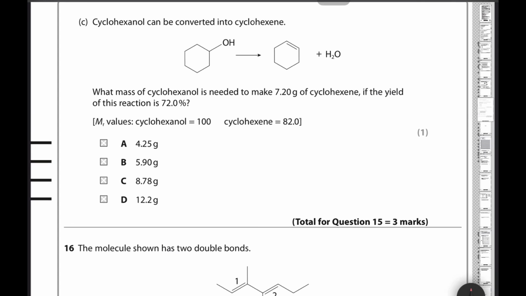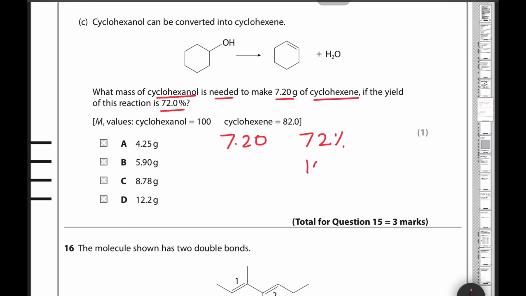Now this question is talking about what mass of cyclohexanol is needed to make this many grams of cyclohexene. So if the yield is 72%, I'm getting 7.20 from the 72% yield.